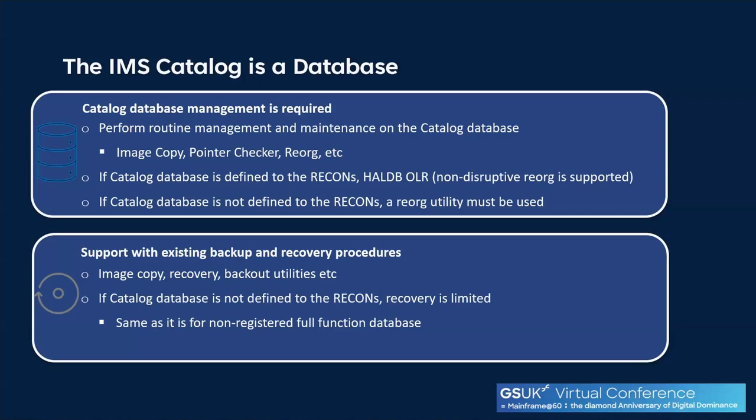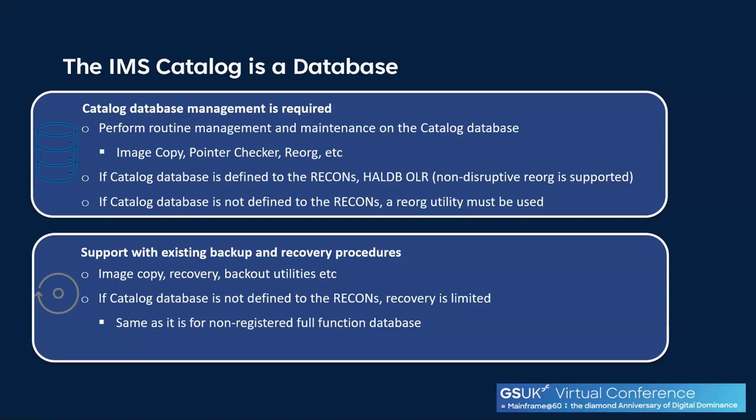We need to ensure that we are performing all the routine management and maintenance on the catalog database. We are taking regular image copies, running pointer checkers to make sure everything is intact, and running reorg to reclaim fragmented space. So we need to do all that we do for our regular IMS databases, plus more, because this is a system database and everything is dependent on it.